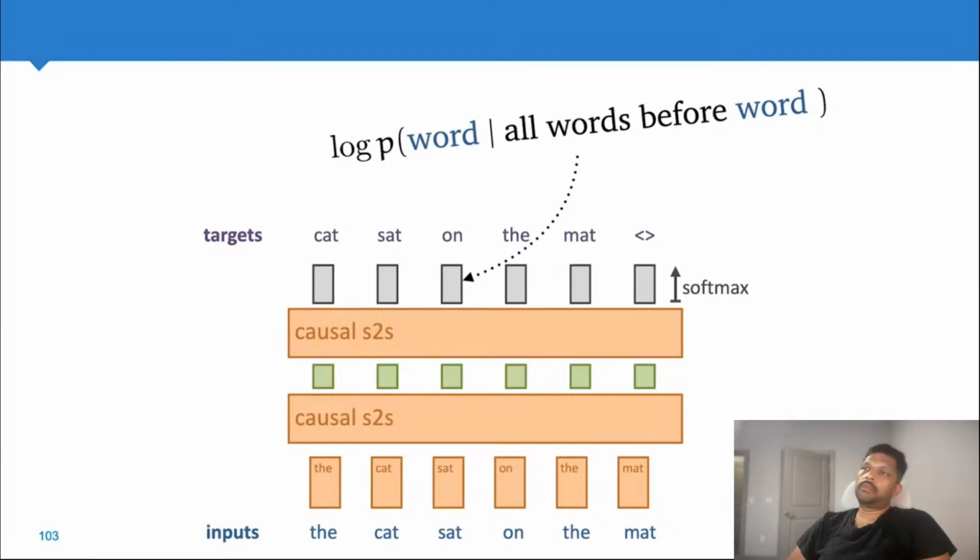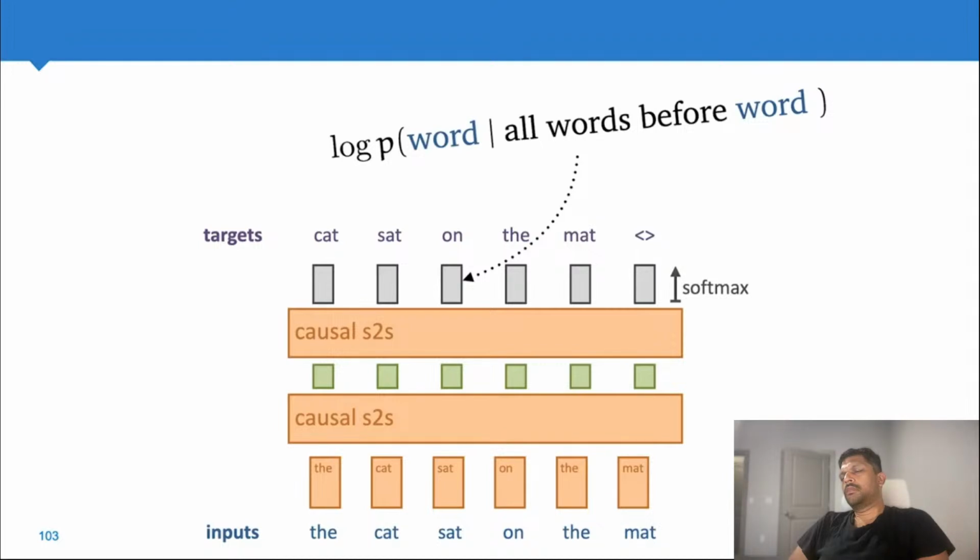If we train our neural network like this, we have an output layer over the vocabulary that is softmaxed so that it gives us probabilities over the vocabulary. We can interpret every single probability vector that this output gives us as the probability that we'll see a word given that we've seen the words that come before it. So the vector indicated here gives us the probability of seeing the word on, given that we've seen before it the words the, cat, and sat in that order.